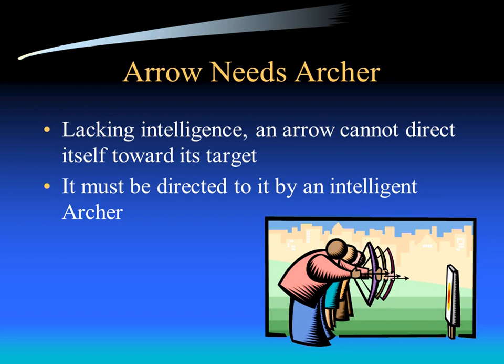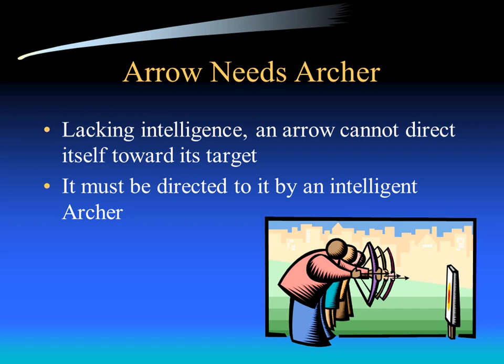But think about it. Even a guided missile or a smart bomb, well, yes, it can direct itself toward its target by itself, but it needed to have been designed and programmed by an intelligence to do that, an external intelligence, namely human intelligence.